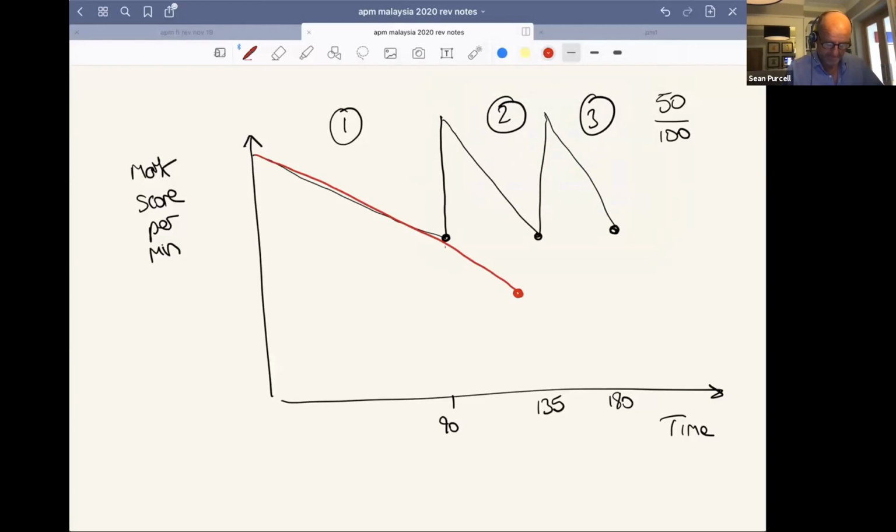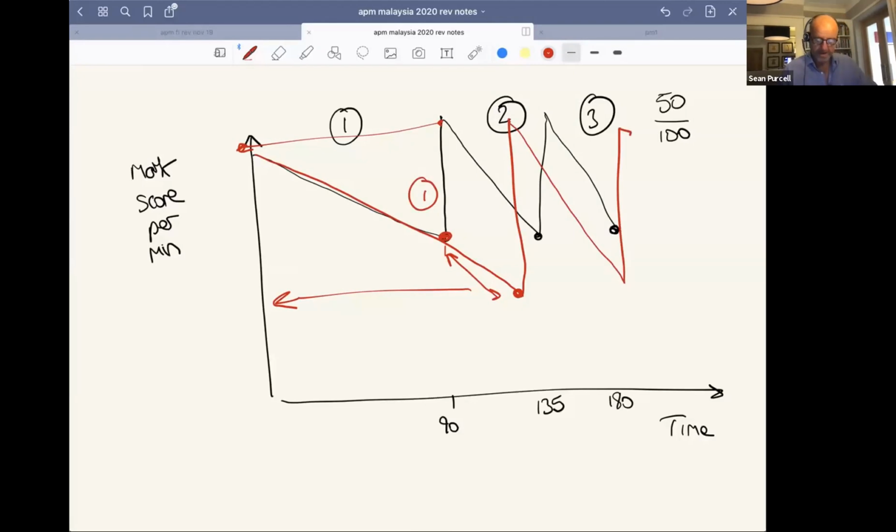But notice that in this area here, the marks I'm acquiring are not as high as had I left there and gone here. Anyway, that's what I do. So I overrun, and that's my question 1. I then do question 2, and I can say a little bit more, and then question 3, I'm dead. So again, I've overrun when I should have stopped.